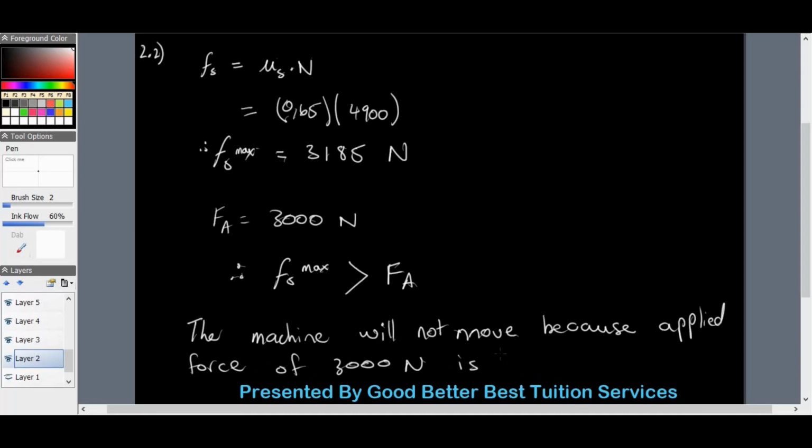Forgot to write less than the force of static friction, or Fs max. Right, we can see that it is visual. Clearly, 3,185 is more than 3,000. So that obviously tells us that the machine will not move at all.